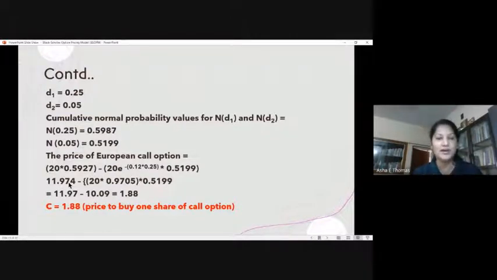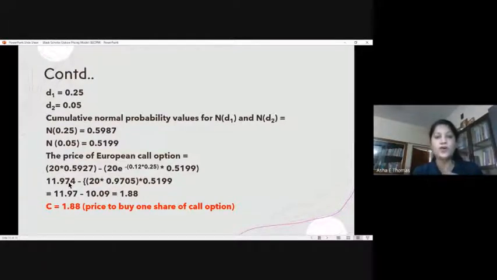Otherwise, it will be a little confusing for you. 4 is also fine, but not beyond that. Don't go beyond that. 11.97 minus 10.09, and we get the value as 1.88. We get the value as 1.88, the difference between those.